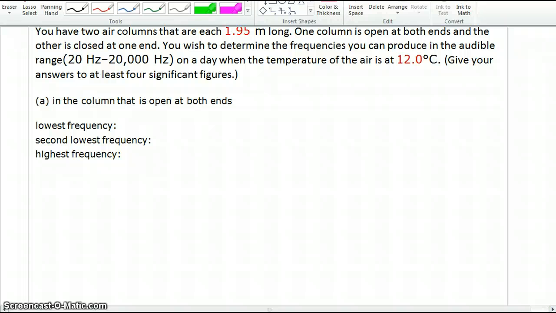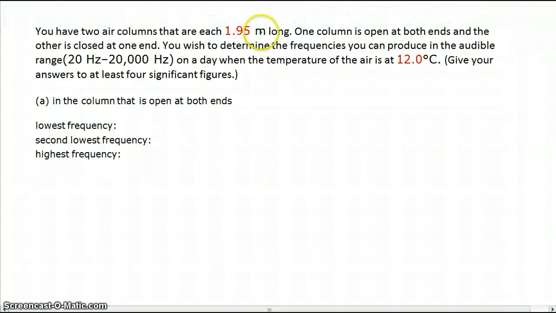If I begin by thinking about, I'm going to go with blue. I like blue. So if I think about what the open air column is going to look like in this situation, if I draw a little one here, my first frequency that fits is going to look like this. I have to have an antinode at both ends because that's where a lot of the motion is happening.